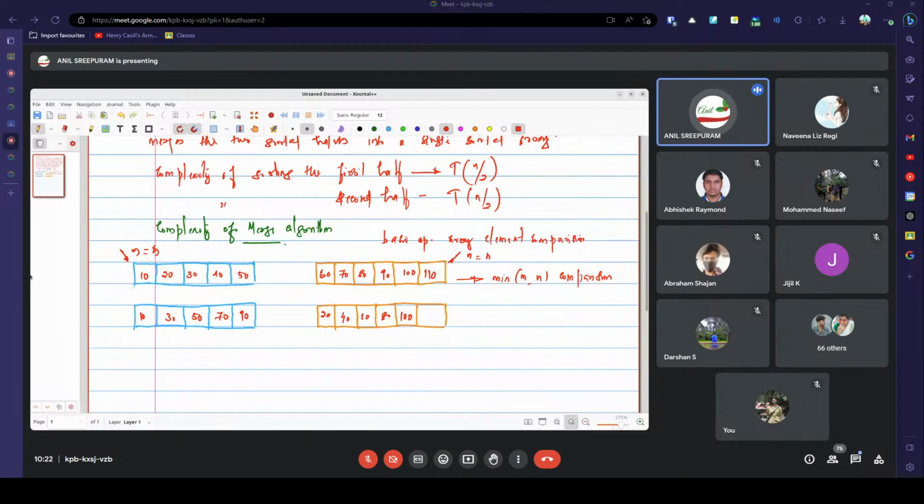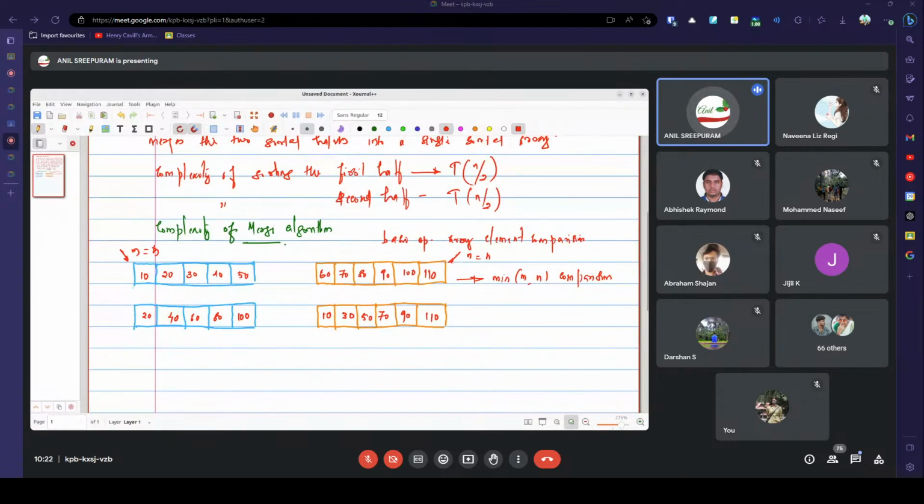Now let me do the reverse. 10 here, 20 here, 30 here, 40 here, 50 here, 60 here, 70 here, 80 here, 90 here, 100 here, 110 here. Please look at this.